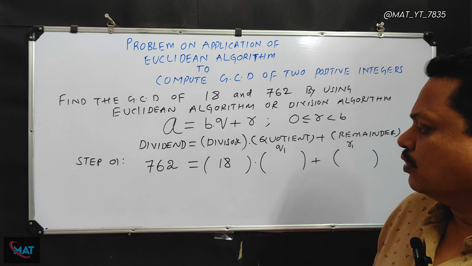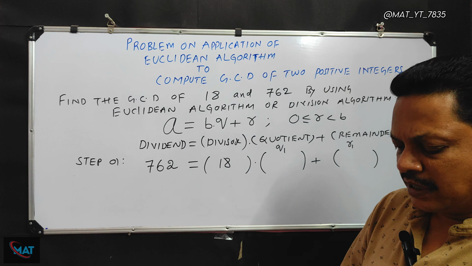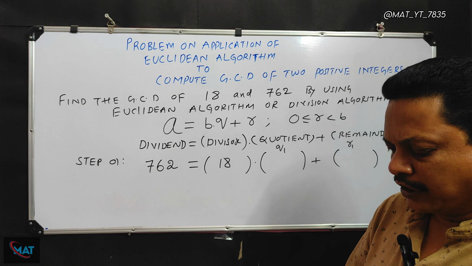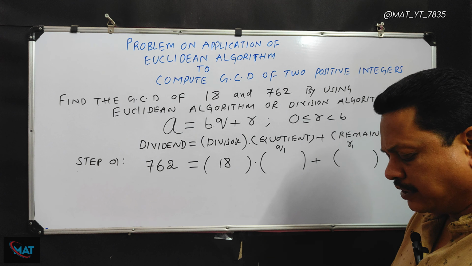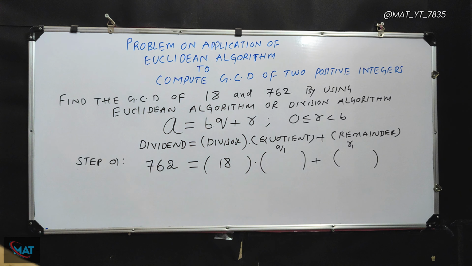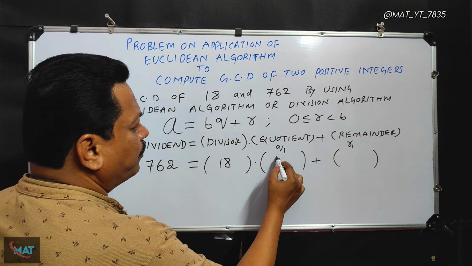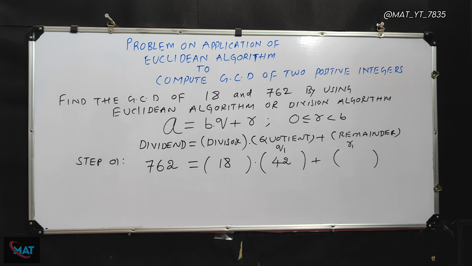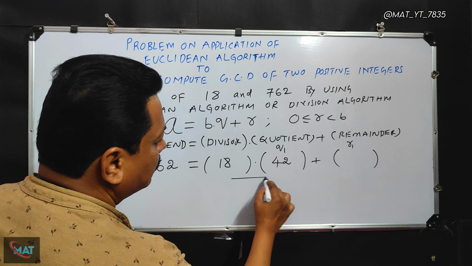So here what I am going to do is just 762 divided by 18. I am doing 42. That is 18 into 42. It is 756 as I see here. 42 times, if you multiply 18, we are going to get 756.